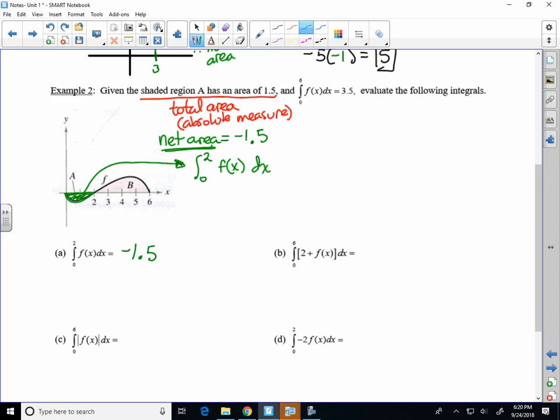So, now we get to part B, and it's all this stuff. We got a couple of different properties going on here. One of which is just simple addition. All right, don't let the brackets mess around with you. This is saying on 0 to 6, we have the function 2 added to, also in the interval of 0 to 6, the function f of x dx.